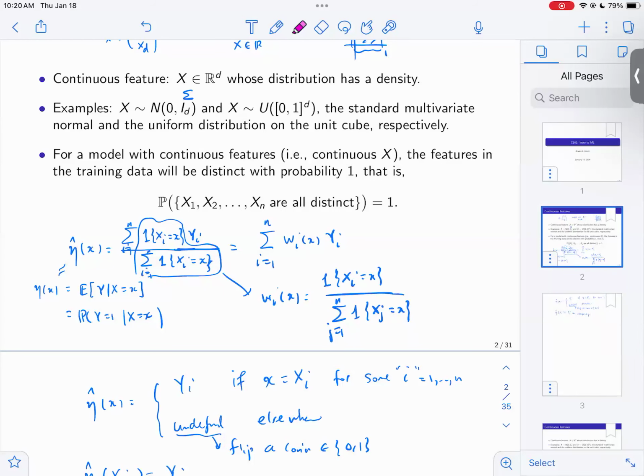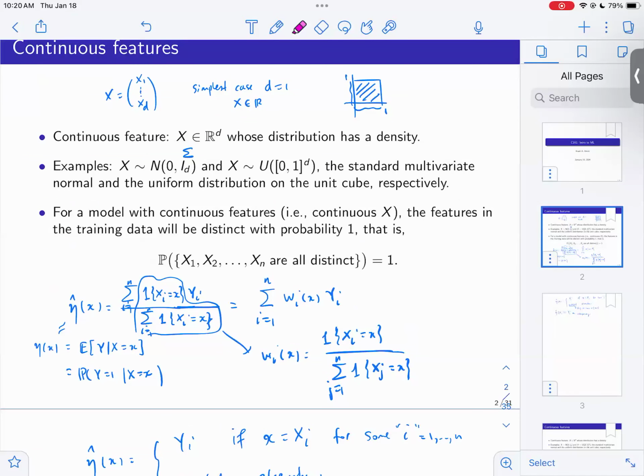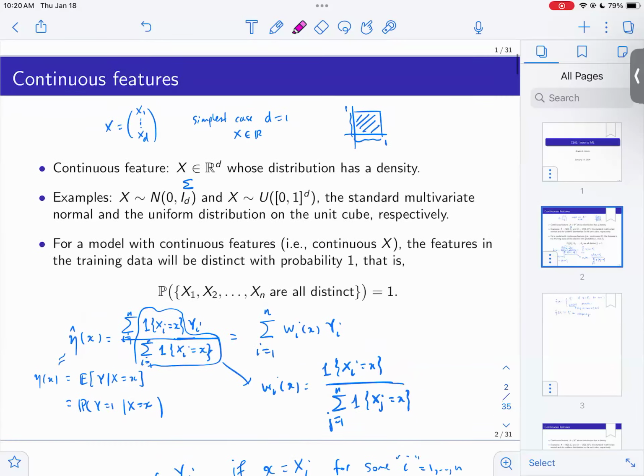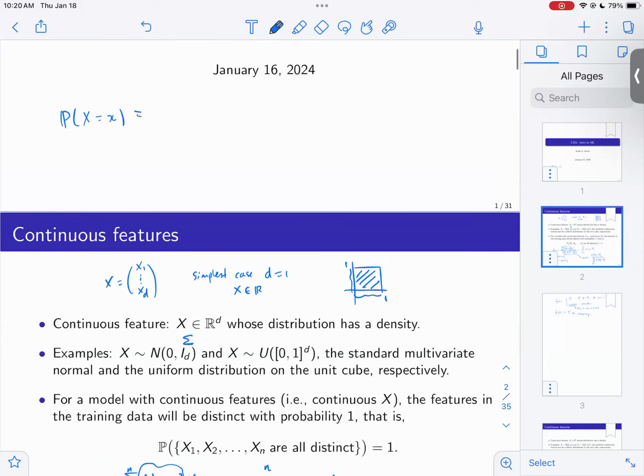Okay, so let me maybe mention that this is good. Let's say instead of trying to estimate this regression function, I wanted to estimate this probability distribution, the marginal probability of x. That we have done, it would be 1 over n, summation i from 1 to n, indicator xi is equal to x. So that was part of the calculation that went into this.